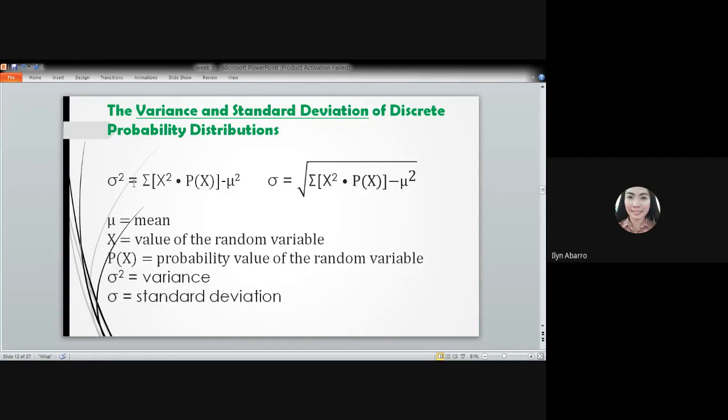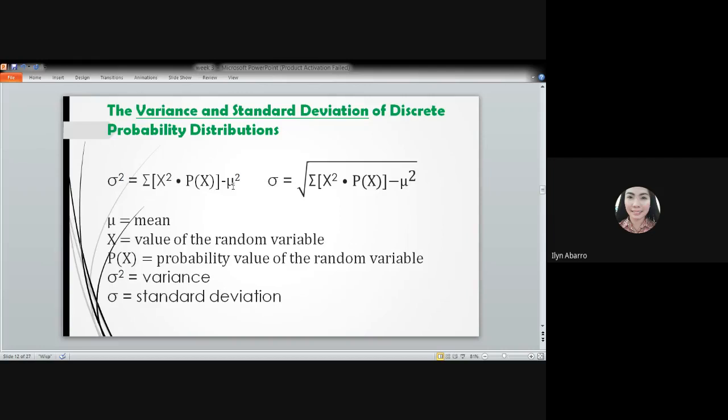Sigma squared is equal to the summation of x squared, yung squared ng ating random variable x, times p of x, all will be subtracted by the square of mu or the mean. So, again, our formula for the variance is sigma squared equals summation of, ang isasum lang natin yung nasa loob ng parenthesis ha. That is x squared times p of x, all will be subtracted by mean squared.